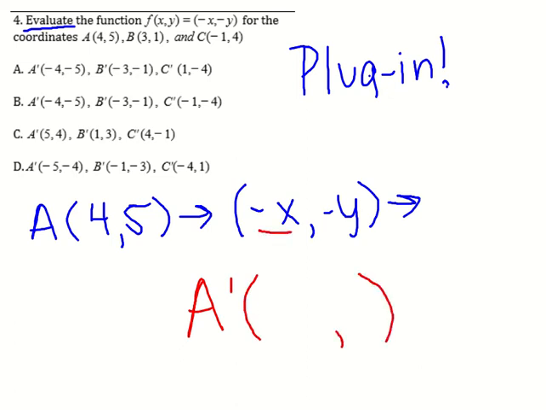The opposite of x is going to be a negative 4, and the opposite of y is going to be a negative 5. So negative 4, negative 5. So that's going to take out either C or D, right?